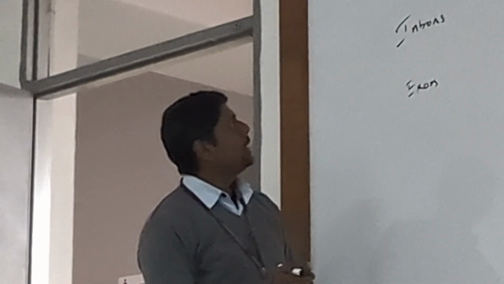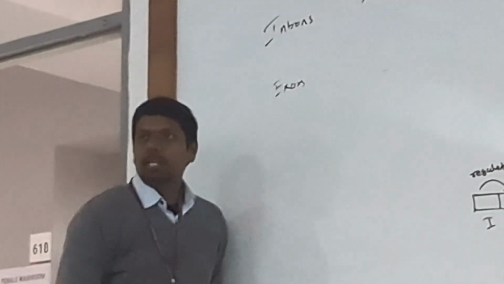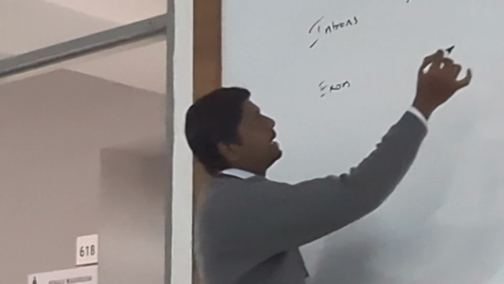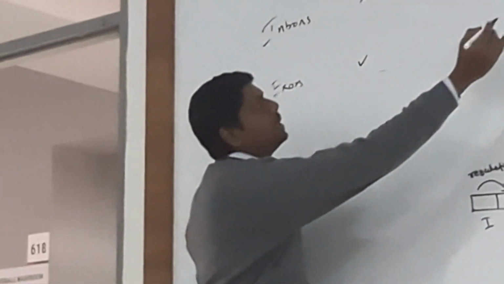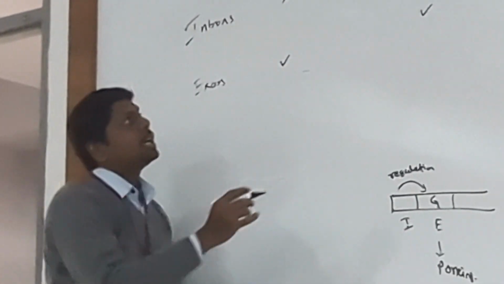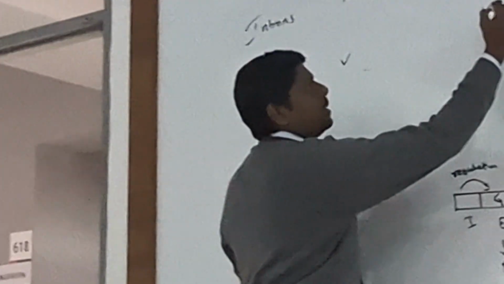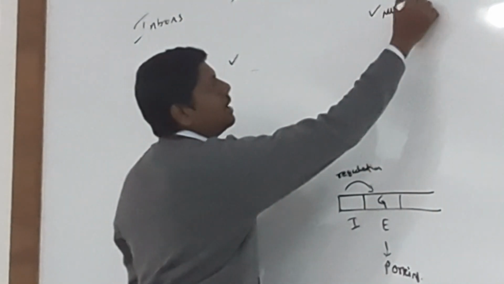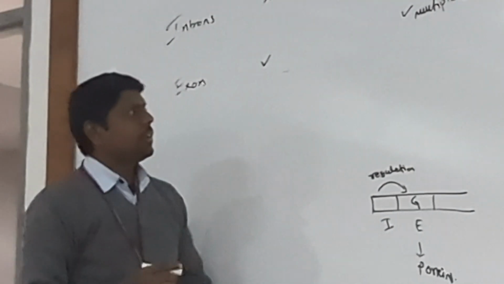One interesting thing I need to discuss first. Introns are absent in prokaryotes, whereas introns are present in eukaryotes; exons are present in both. In eukaryotes, multiple exons are present, and this has one significance.